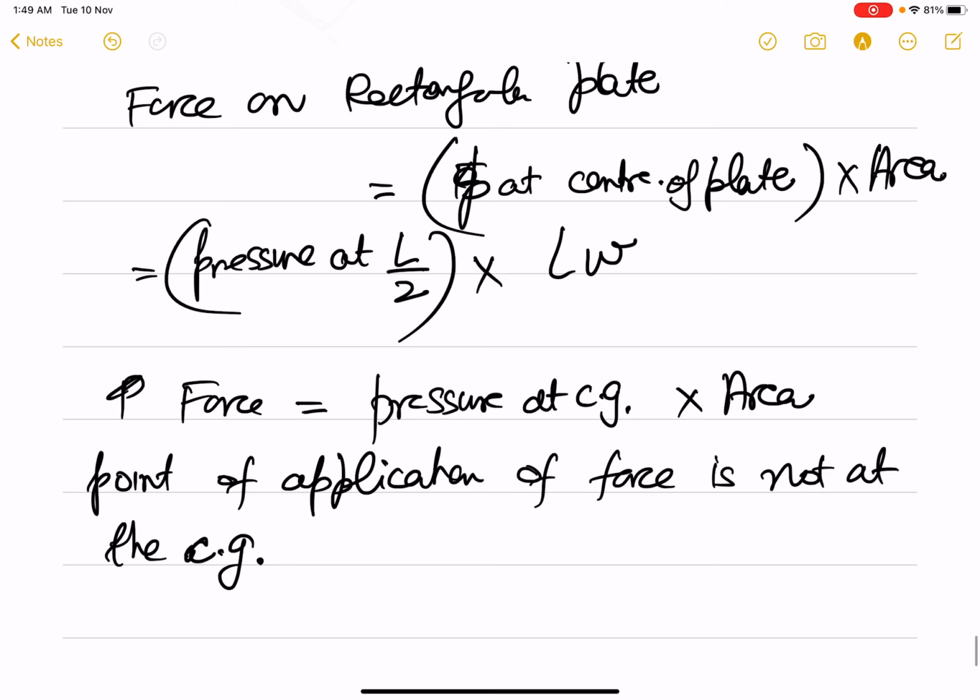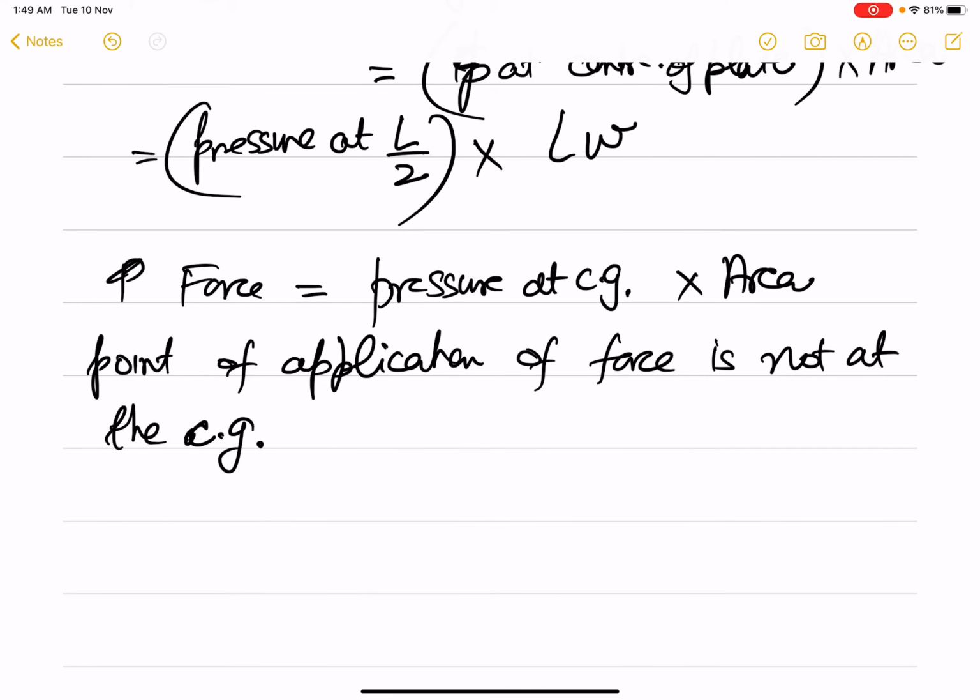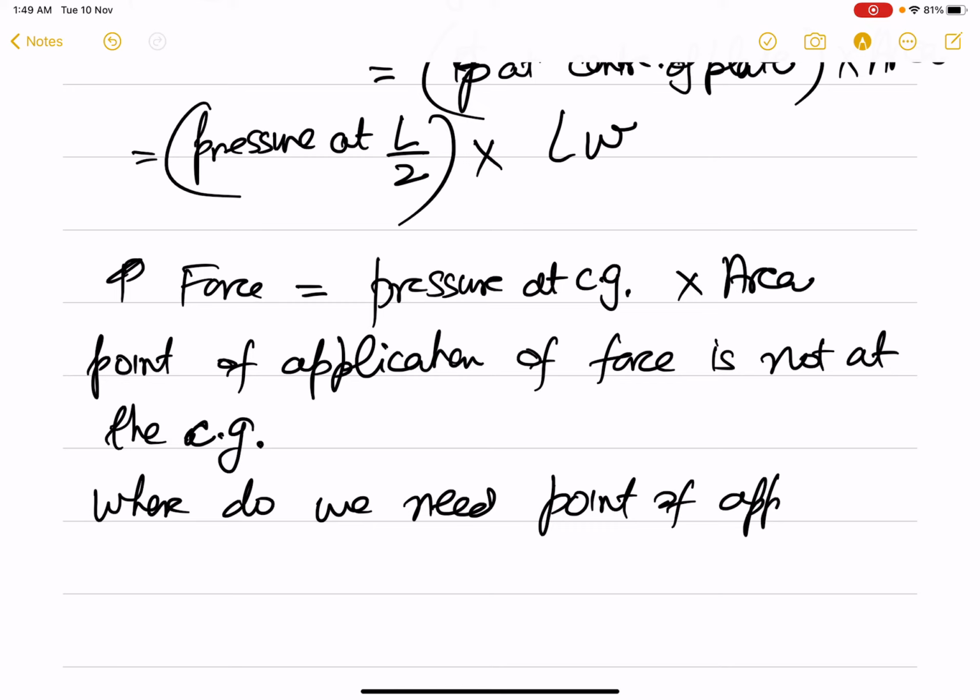Force is equal to pressure at center of gravity multiplied by area. But where do we need the point of application of a force?